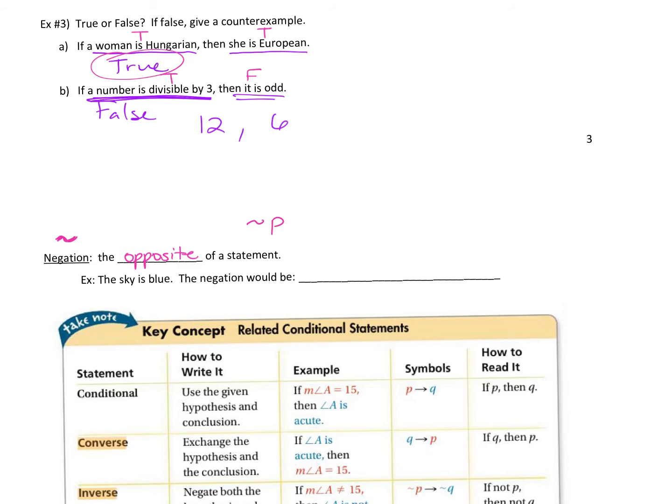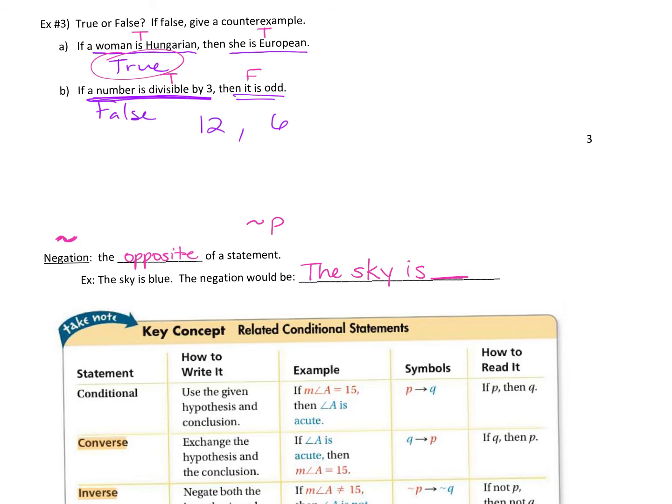For example, if I give you the statement, the sky is blue, and I say, write the negation of that, I'm asking, what's the opposite? You're not going to pick a different color, because you can't say pink is the opposite of blue. Not everyone's going to agree with that. You have to completely negate, so get rid of every other option. What word should I put right here?